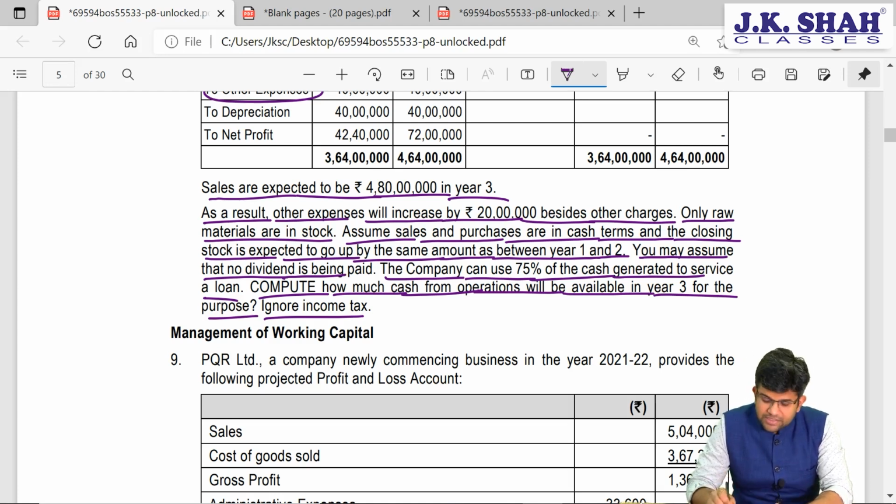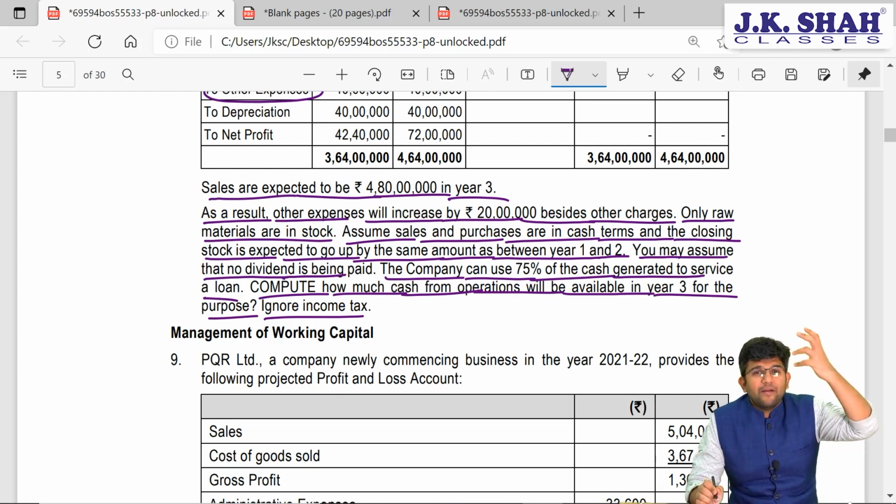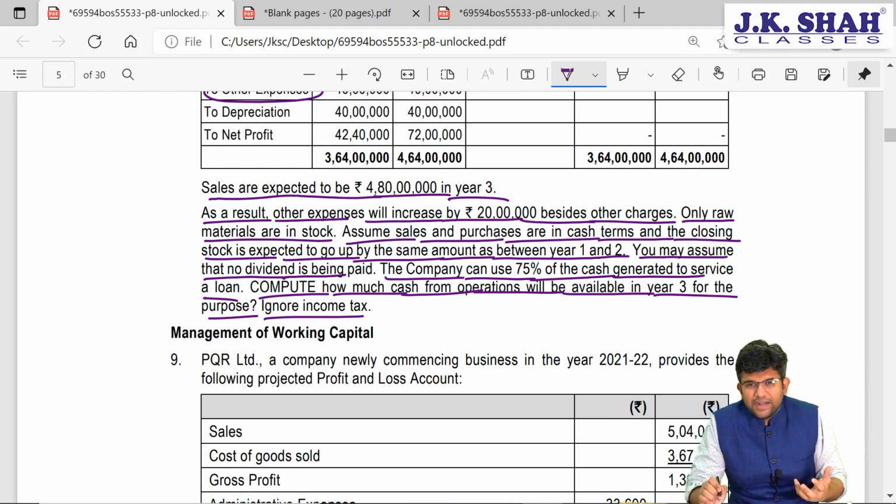In this question, considering the data given, we will be using the indirect method to calculate cash from operations, where we start with net profit for the year, then we do the adjustments, where we then get the net profit before the working capital adjustments, then we adjust for the working capital changes, and then we get the final cash from operations. But before we do the CFO calculations, we will have to do the net profit calculation, right? Because only from that net profit we can do the adjustments and get the cash flow from operations.